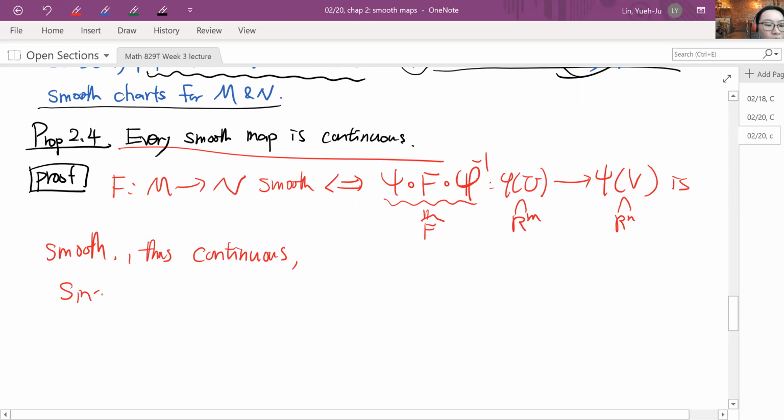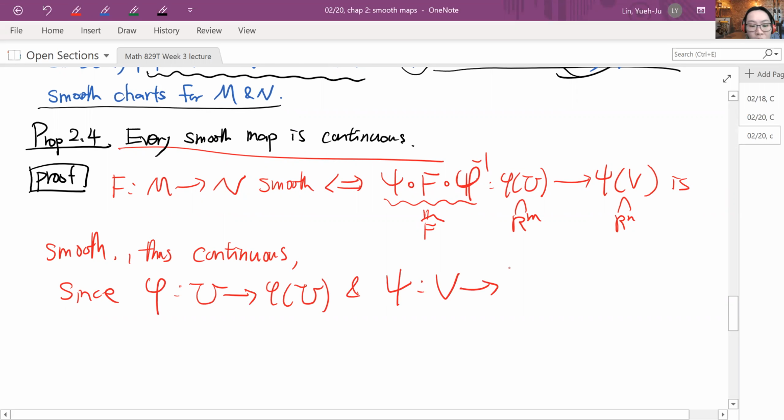Now, we also have this phi, the coordinate map, a smooth chart, one of the smooth coordinate maps. And also psi as a smooth chart. So this is from M, from N. They're all homeomorphisms, this is what we had back then.